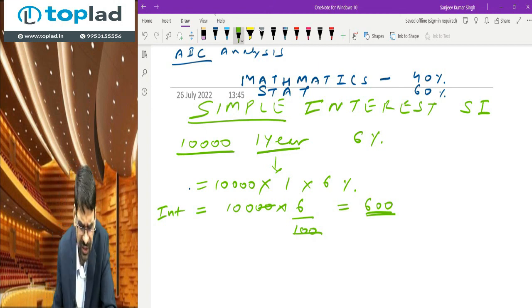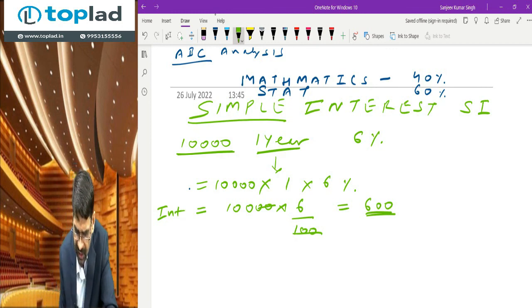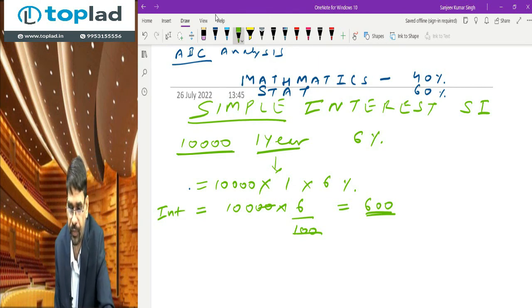This is an MCQ based exam, so there is no need to write this out. You directly put 600, because there is no step marking. So you have to pay your friend 600 more rupees.